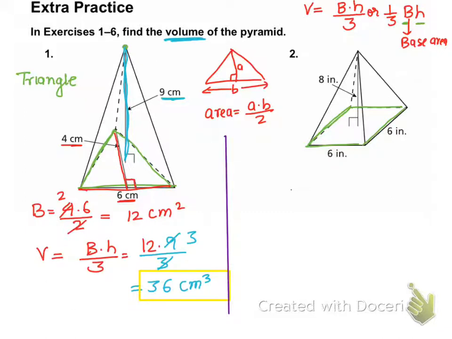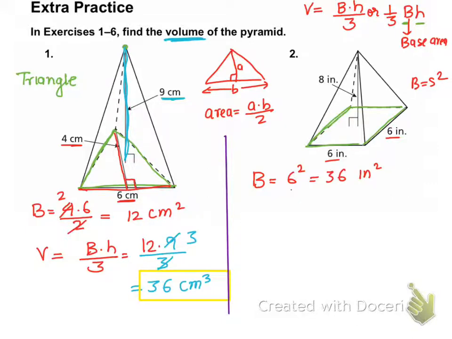This is actually 6, which means it's a square. So base area is the side squared. So side squared means 6 squared. In this case, B is side squared. Okay. So that is 36 inches squared. Area is in square, volume is in cubed.